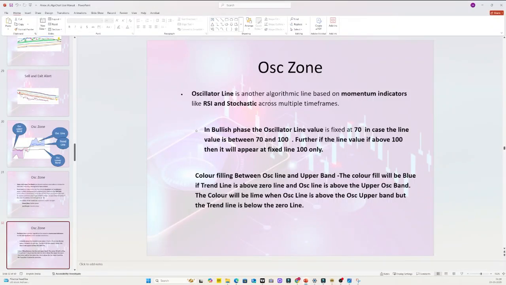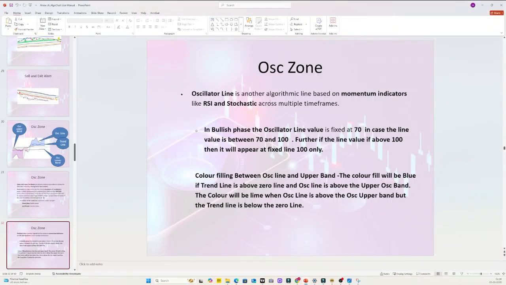So there is a zero line, and above it the oscillator's price is moving up, and below the zero line it is minus. When we have to combine the trend line and oscillator, we have equalized the scale in such a way that we see above zero and below zero, and so we can have a synchronization of the trend line and oscillator line.